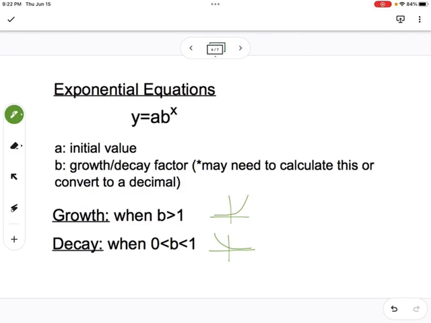If you're given a percent as your growth or decay, then instead of your b, you'll be writing 1 plus r for growth, or 1 minus r for decay.